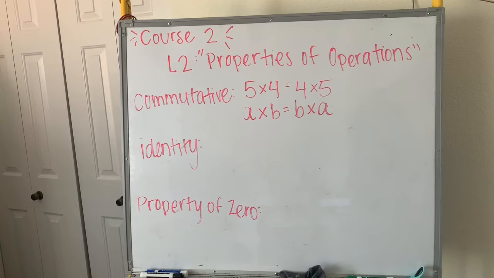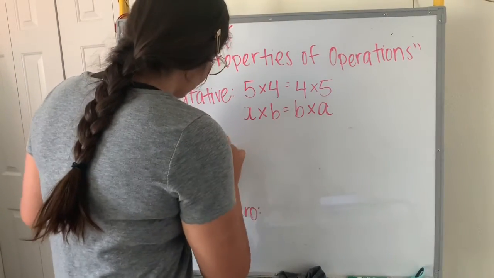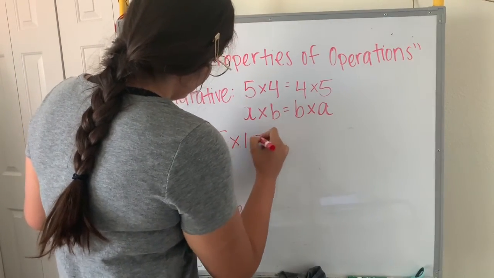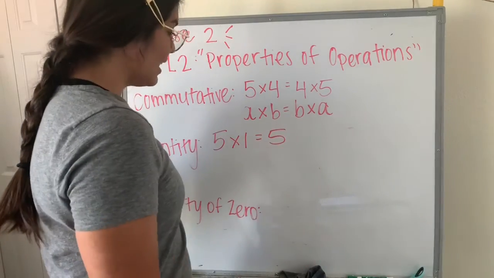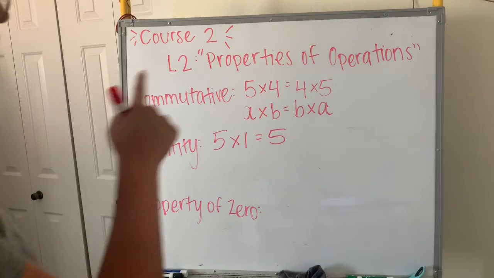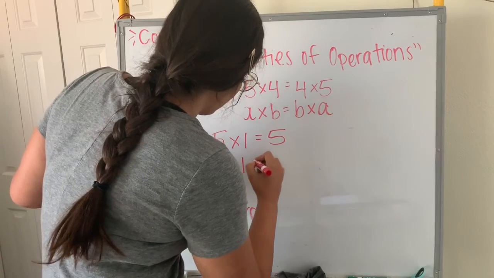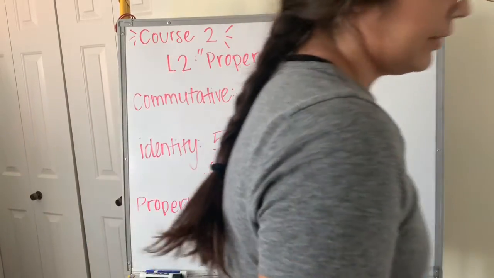So what do we multiply to keep a digit or a value the same? We would multiply by 1. So the identity property of multiplication states that multiplying any value times 1 will keep the same product. So we could do A times 1 equals A.